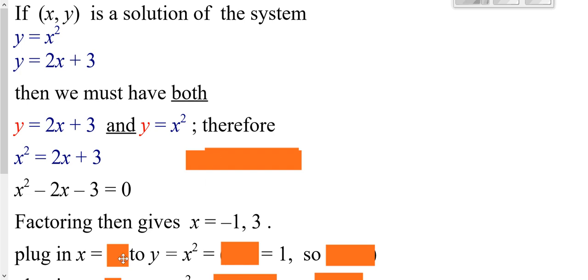So then you need to take negative 1, plug it in so that you can find your y value. I'm choosing to plug it into the top one. It would still work and give you the exact same answer even if you plugged it into the bottom one. It would not make a difference. Take our negative 1, plug it in here, get negative 1 squared, we get 1. So we plugged in negative 1 and we got out positive 1.